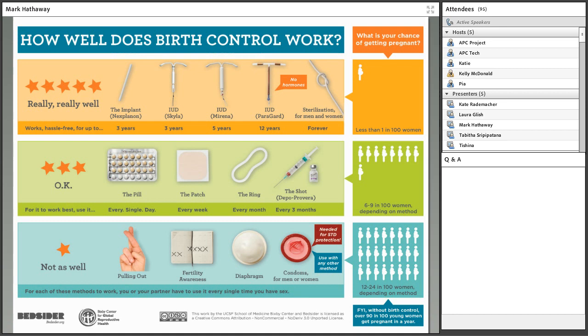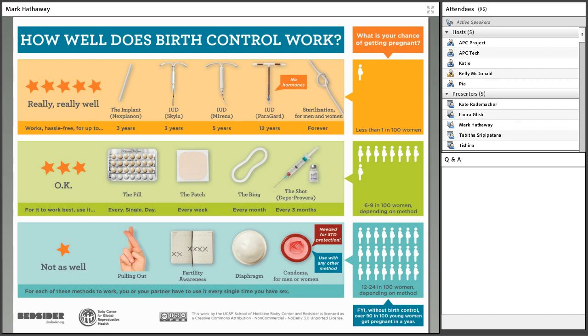This is just a little tool that I like to show, to show how one can use that previous chart, the tier effectiveness chart, and show all the methods in something a little more colorful, maybe a little more user-friendly or patient-friendly. This was put together by Bedsider as well as the UCSF Bixby Center.